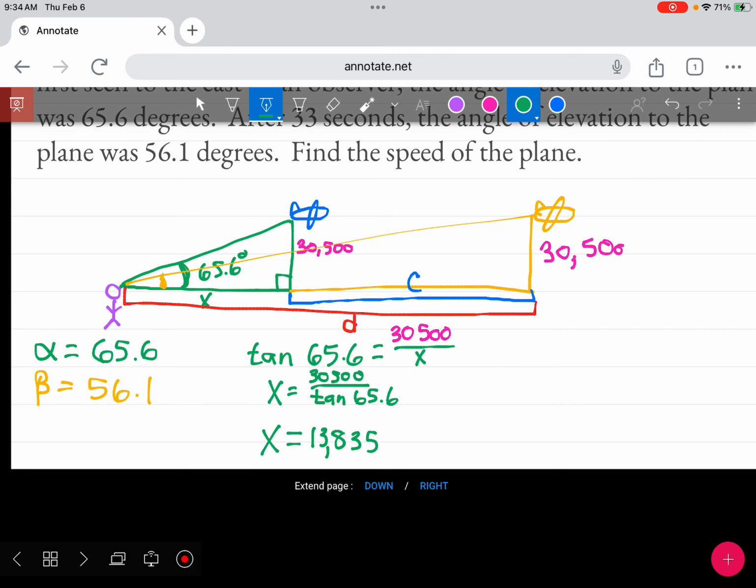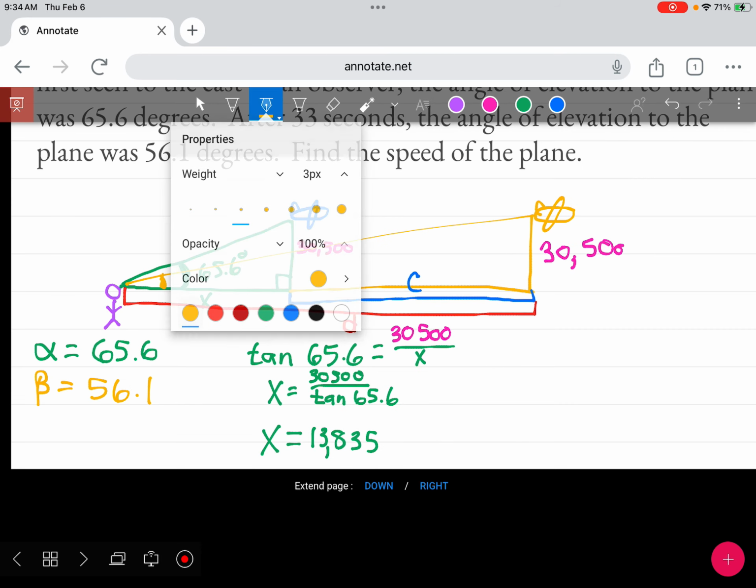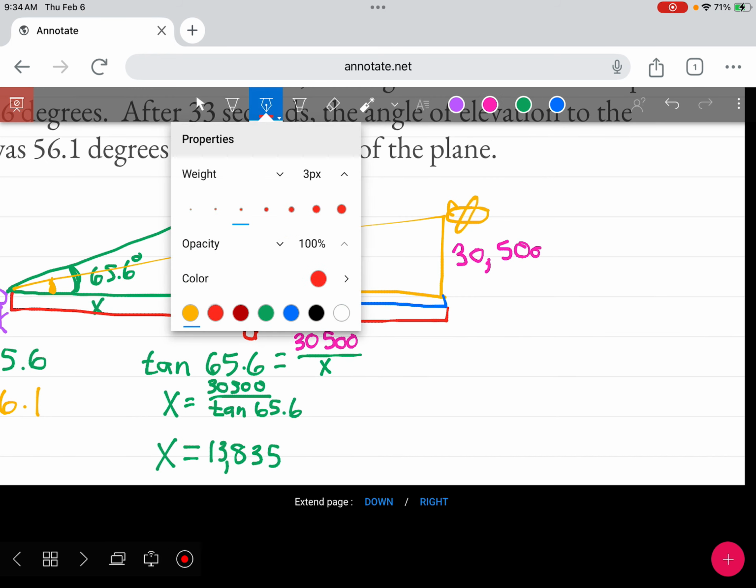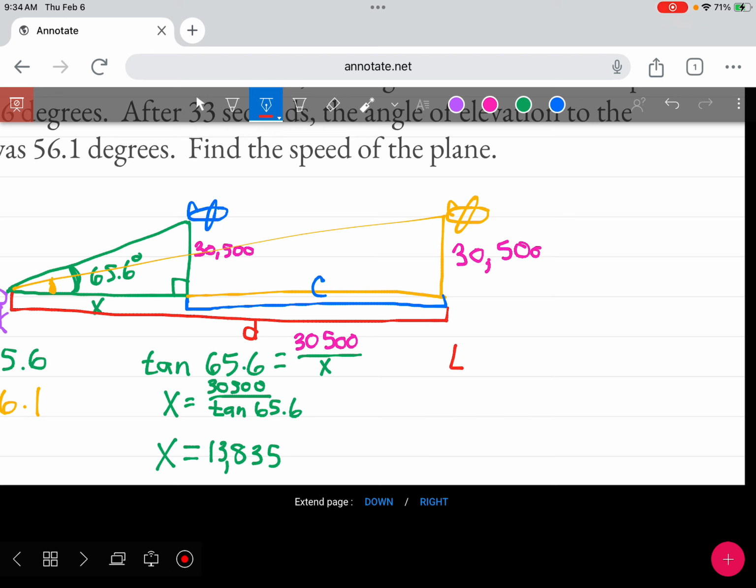So then we need to find the distance on the yellow triangle. Same vibe. I know my angle. I know my opposite side. So we're going to take the tangent of beta, tangent of 56.1, and that's going to equal 30,500 over our distance.